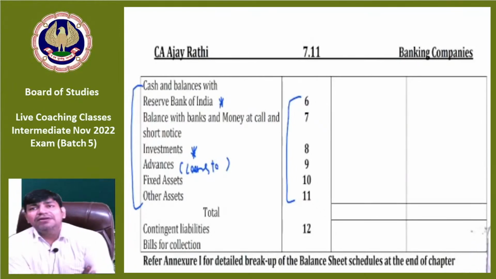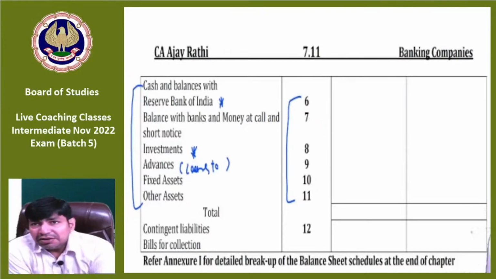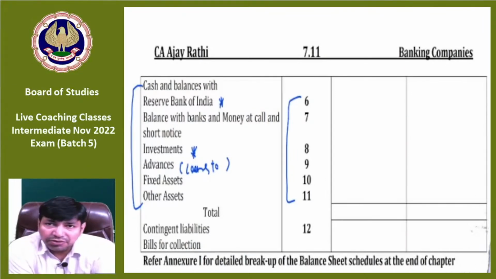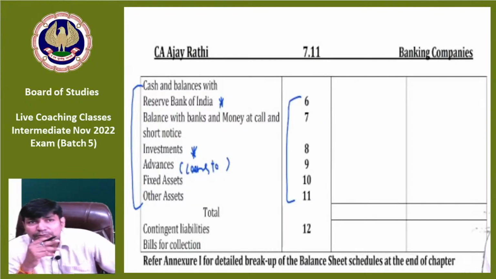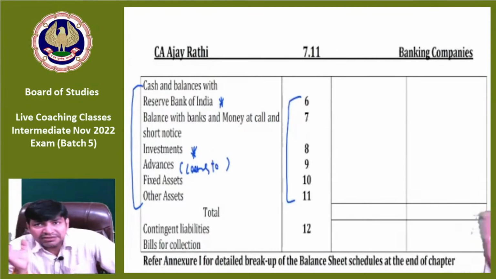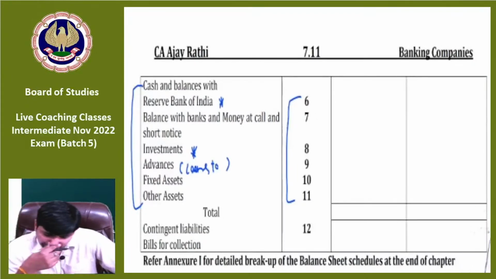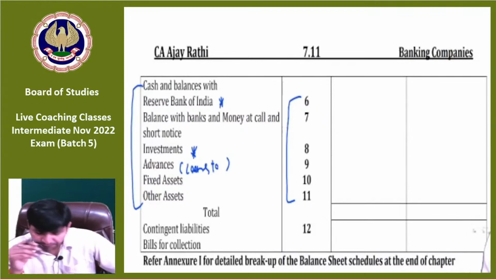In any way, the bank has advanced, the bank has lent money to the customer. That has to be represented here. Now fixed assets, as you know, property, plant and equipment, and other assets. Non-current assets, yes: fixed assets and other assets.